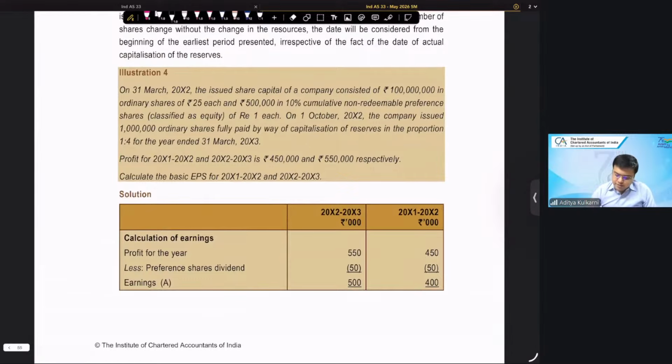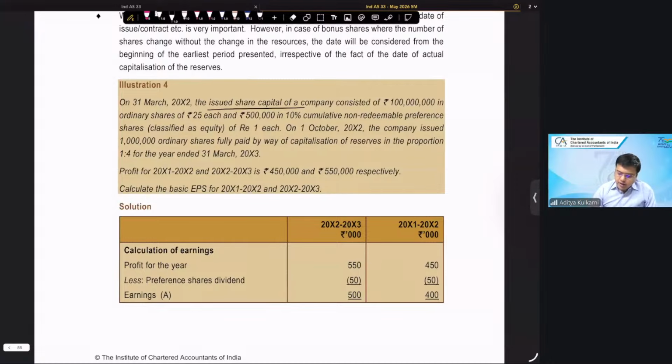On 31st March 20x2, the issued share capital of a company consisted of rupees 10 crores, that is 100 million, in ordinary shares of rupees 25 each and rupees 5 lakhs in 10% cumulative non-redeemable preference shares classified as equity of rupee 1 each.